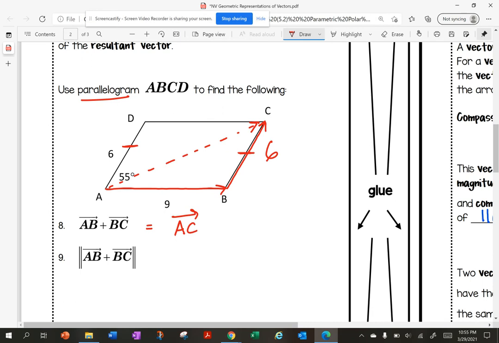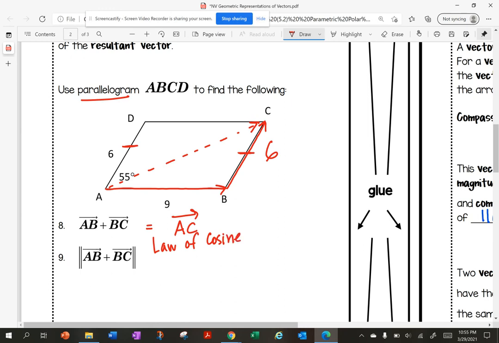To find the magnitude, I don't have a right triangle, so I'm going to use the law of cosines, which we went through in December.